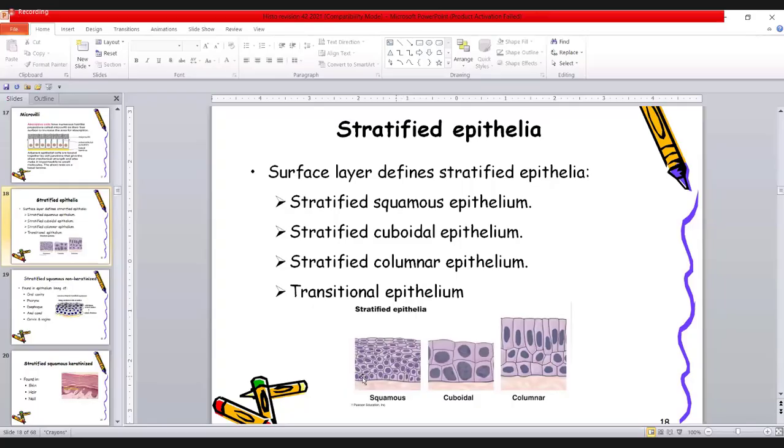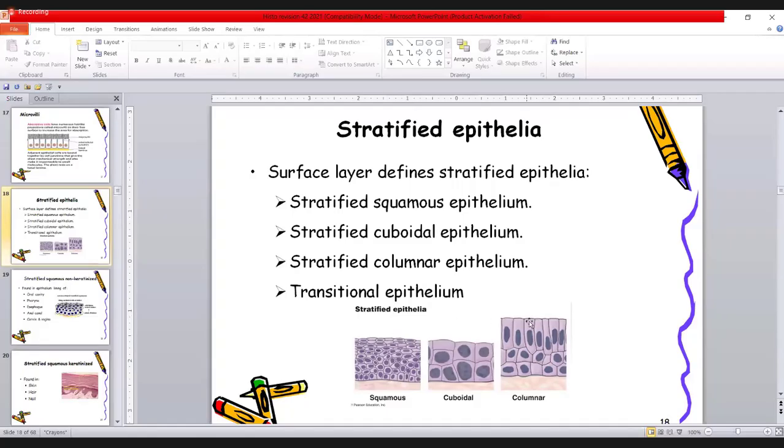The basal cell layer sitting on the basement membrane, what shape is that? Cuboidal. When you move in, the intermediate cells are of many shapes, polygonal shapes.